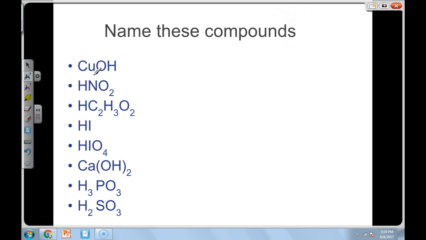Okay, anyways, this is a hydroxide. So remember that hydroxides are bases, Arrhenius theory. We just split this in half.